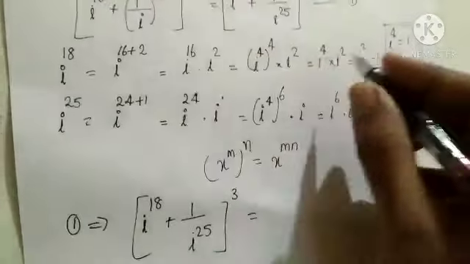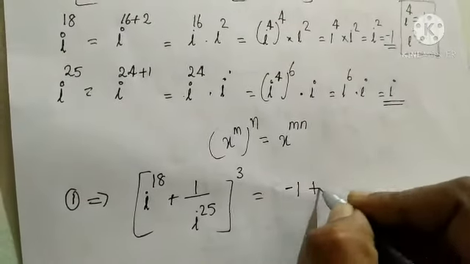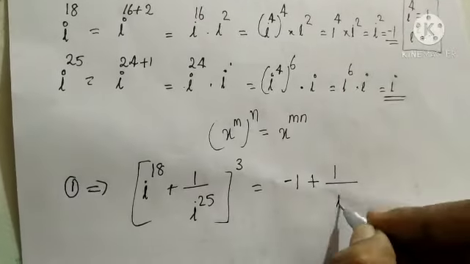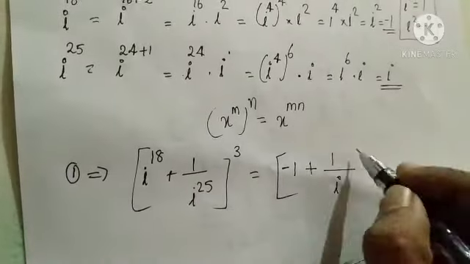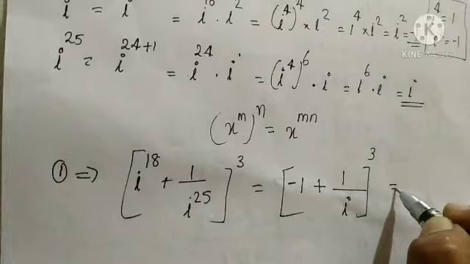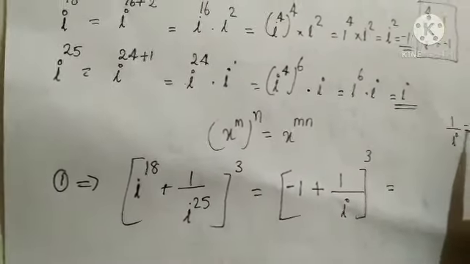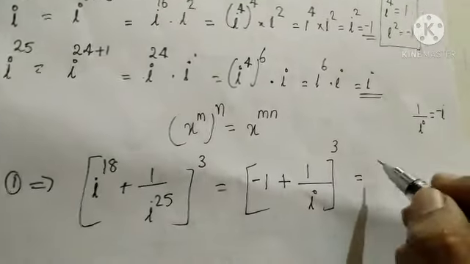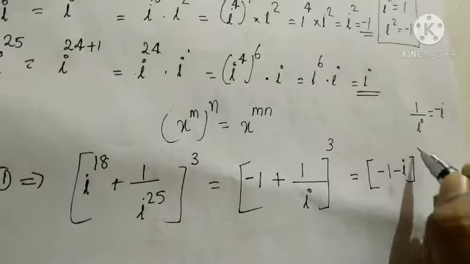So i raised to 18 value is minus 1 plus 1 by i raised to 25 value, which is i, whole cube. We know that 1 by i is minus i, so replace this 1 by i by minus i. Here we get minus 1 minus i whole cube.